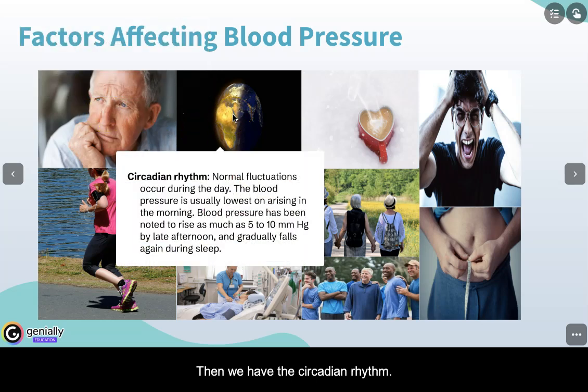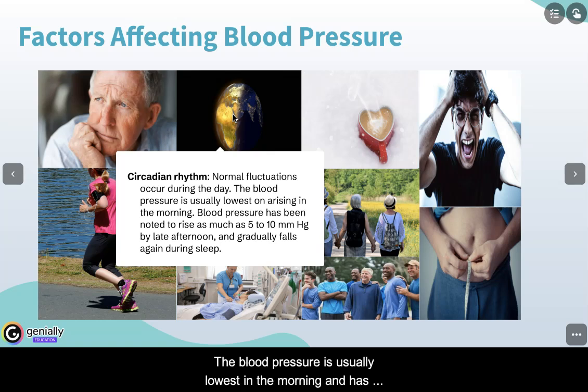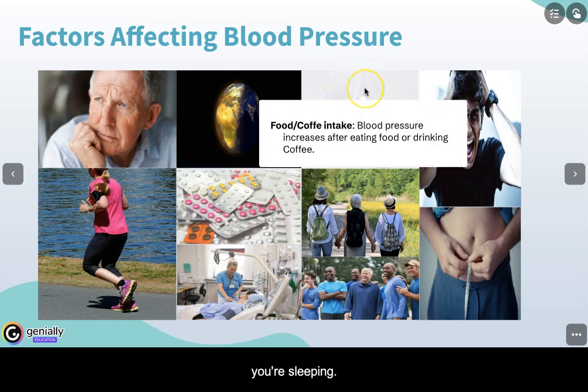Then we have the circadian rhythm, normal fluctuations during the day. The blood pressure is usually lowest in the morning, and has been noted to rise as much as 5 to 10 by late afternoon, and then falls again during sleep. Because your body is rested, your heart doesn't need to work that fast, so your blood pressure is lower when you're sleeping.